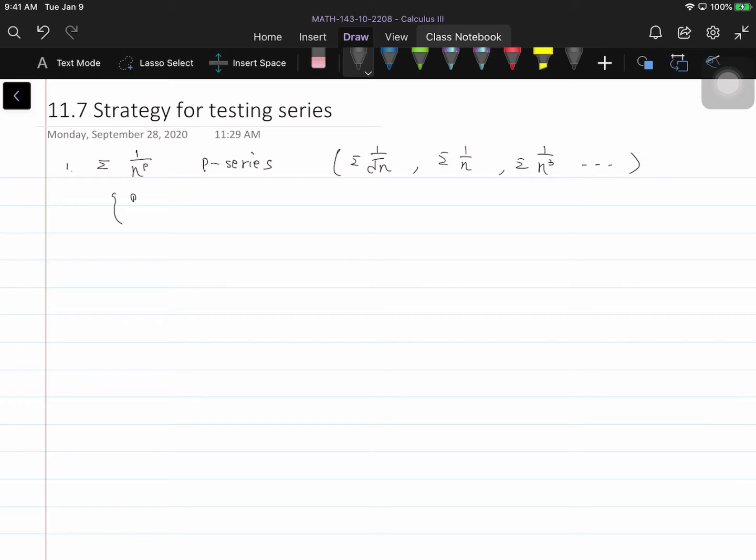The first case converges for p greater than 1, and for p less than or equal to 1, it diverges.